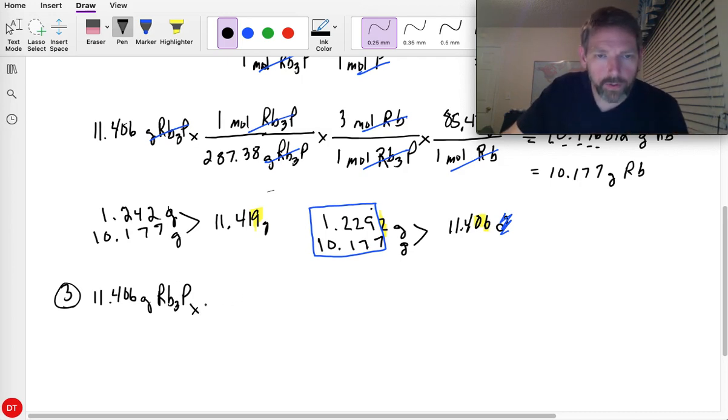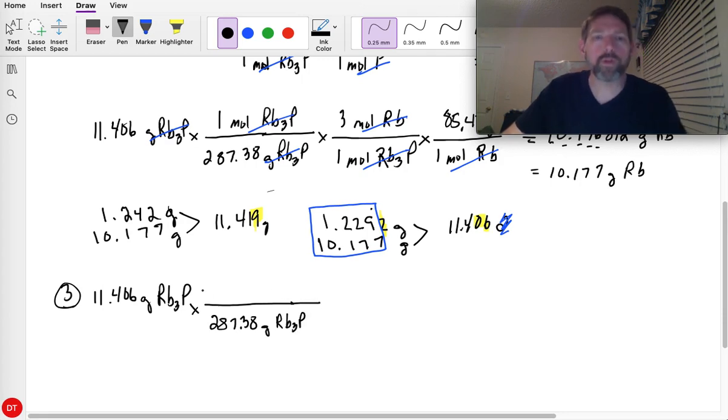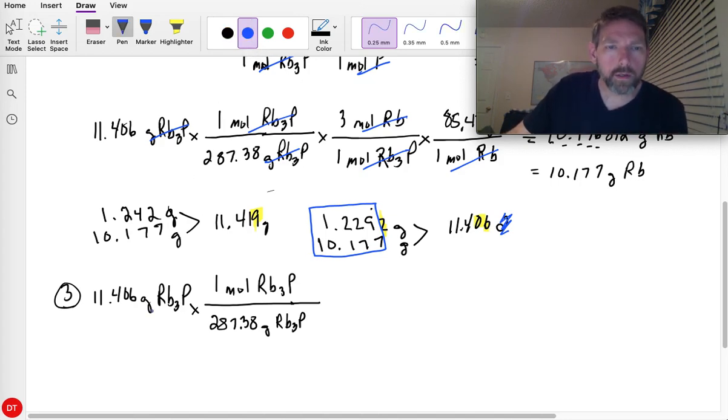So of course, we bring down the 287.38 grams of rubidium phosphide. We know that that's in 1 mole of this substance. Remember, this whole fraction here is molar mass, right? Let's get rid of that unit.